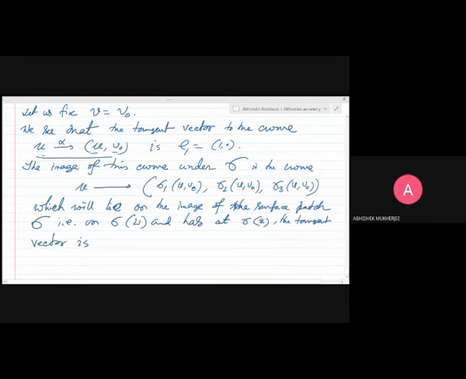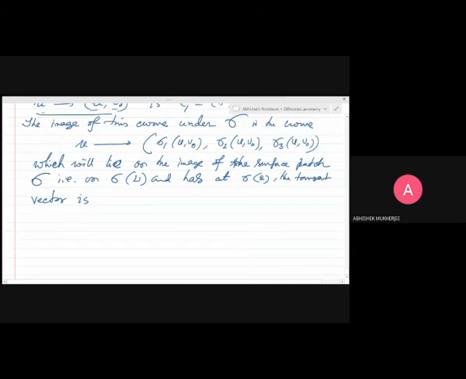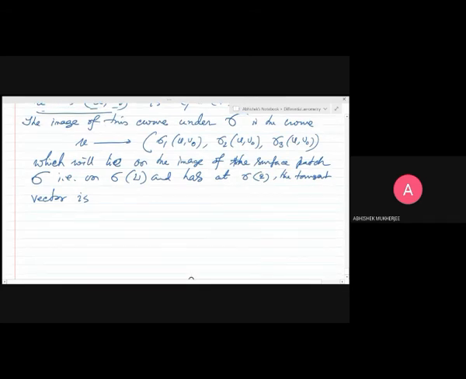What is the tangent vector? The tangent vector is d sigma q of u1, right?